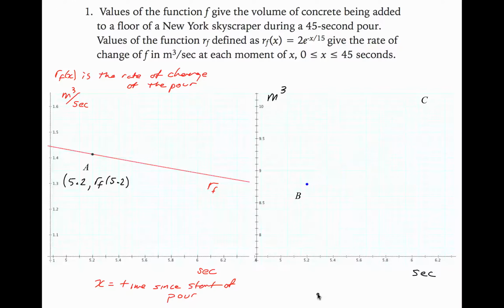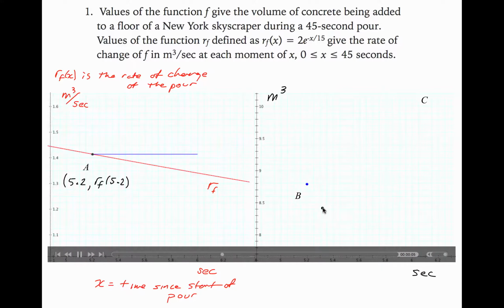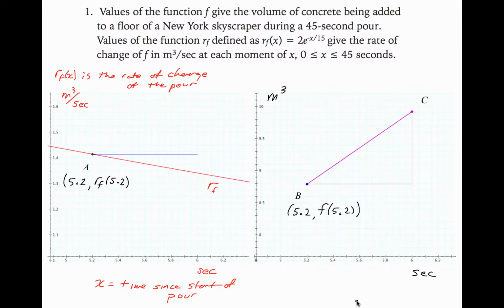And then B is our starting point of concrete, so B is also going to be at 5.2 seconds, and the y value of B will be the total amount poured to that point, F of 5.2. We really have to be good using function notation to represent values of the dependent quantity of a function. There's good application of that.